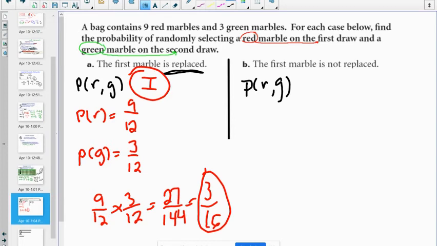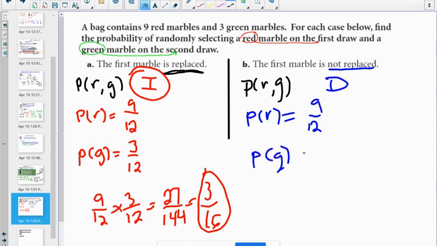And now, if it's not replaced, that is dependent. So probability of red on our first one, since we haven't picked one yet, we still have all 12 marbles. And there's 9 red ones. Now probability of green, if we have not replaced it, means there's one less marble. So 12 minus 1 is 11.